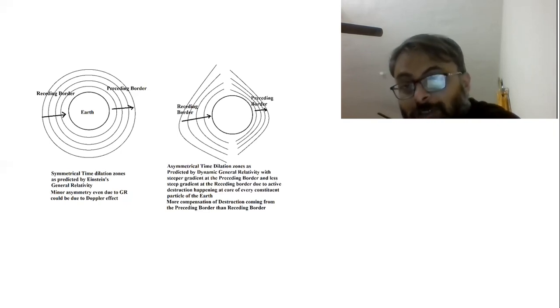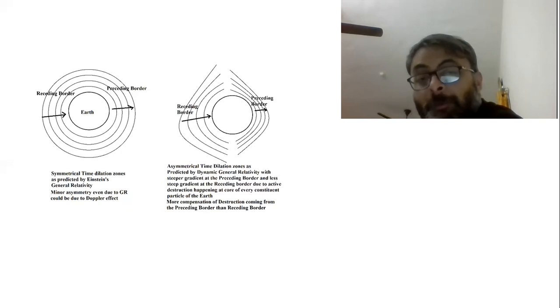Even the Earth has a momentum, and the mass and the speed of the Earth are very huge, so the momentum of the Earth is very huge. This momentum causes a slight asymmetry of the space-time around the Earth. This asymmetry is predicted by DGR.